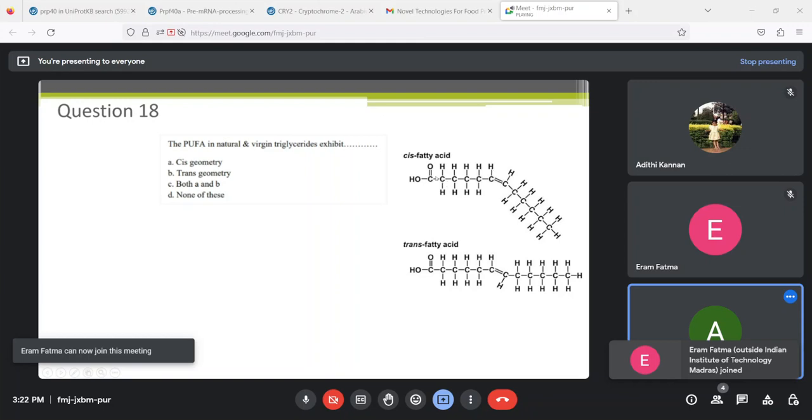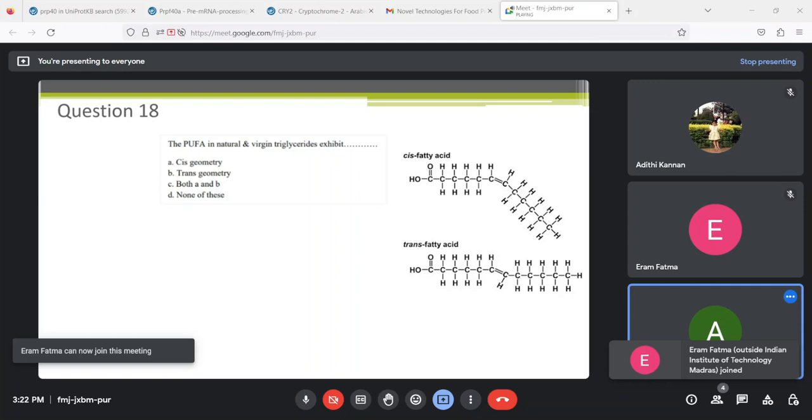That is, on this side of the double bond your molecule is straight, whereas on this side it is kinked and the orientation has changed. In a trans fatty acid, the kink is not that obvious. So the cis fatty acid has a larger kink, whereas the trans fatty acid has a smaller kink. This will actually affect a lot of things. I will explain soon.